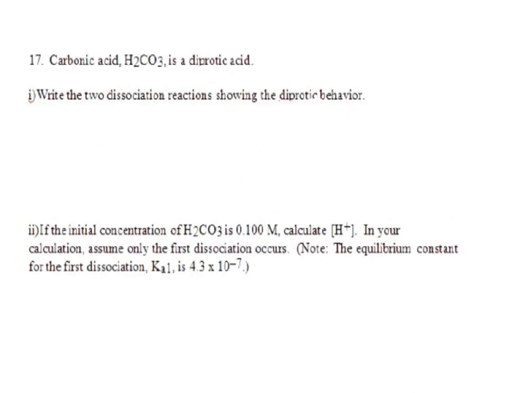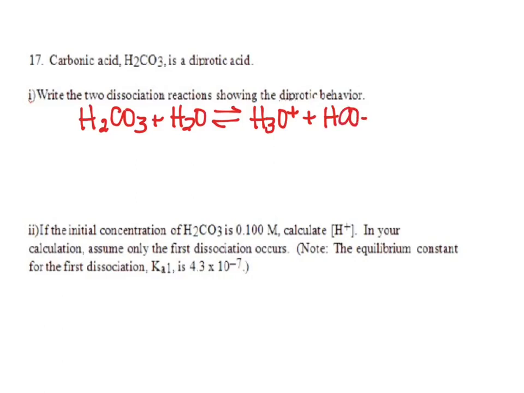So first problem: carbonic acid is diprotic. Write the two dissociation reactions, showing its diprotic behavior. First of all, H2CO3. I can add it to water, and it will become H3O plus and HCO3 minus.